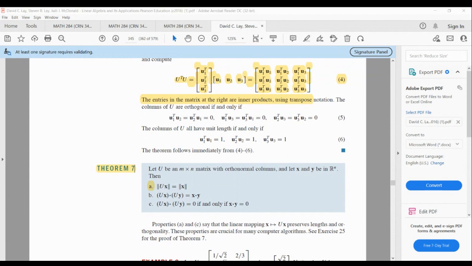And if you take the dot product of Ux with Uy, that's the dot product of X and Y. These are just theorems that are supportive of the main concepts. And, of course, in the conceptual true-false questions, these kinds of ideas are going to be reviewed, so to speak.